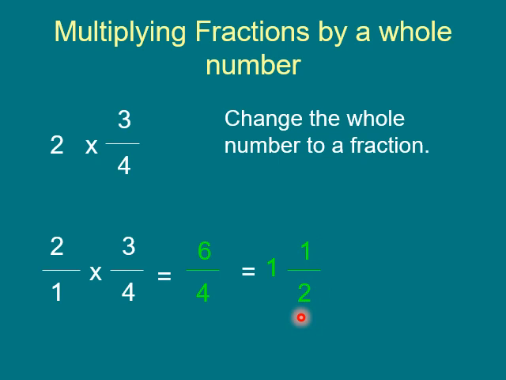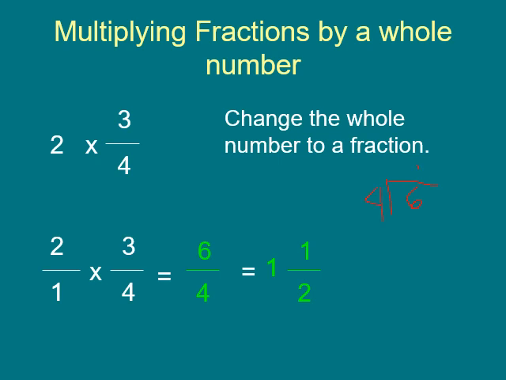Paano natin nagawa iyon? Using the transformation of improper fraction to mixed number, ilang 4 meron. Okay? So, i-divide natin ang numerator sa denominator, which is 4. Ilang 4 meron sa 6?